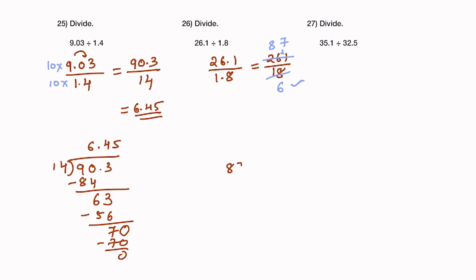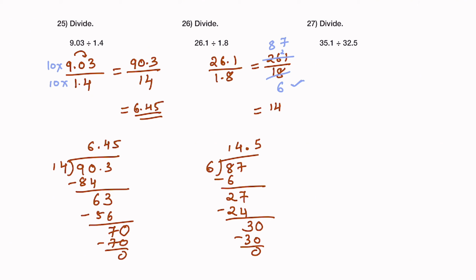So we say 87 divided by 6 now. 6 times 1 is 6, 2 is the remainder, 7 there. 6 times 4 is 24, 3 remainder, nothing more to take down, so we put 0 and we put the decimal there. 6 times 5 is 30. So the answer is 14.5.